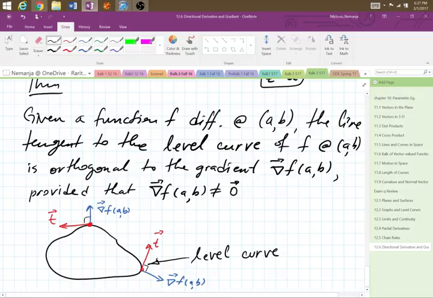Oh, that's a great thing. Let me find that image. Very good. So let me go back to the section. Was it here?